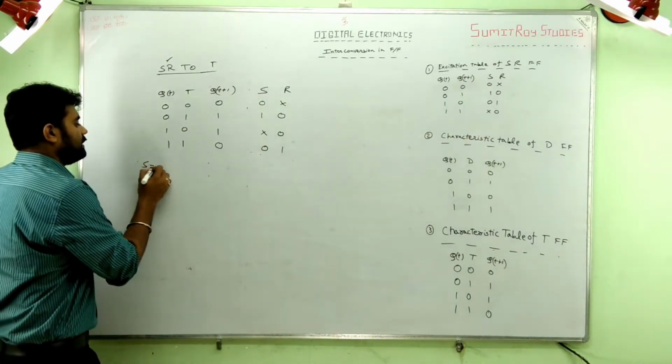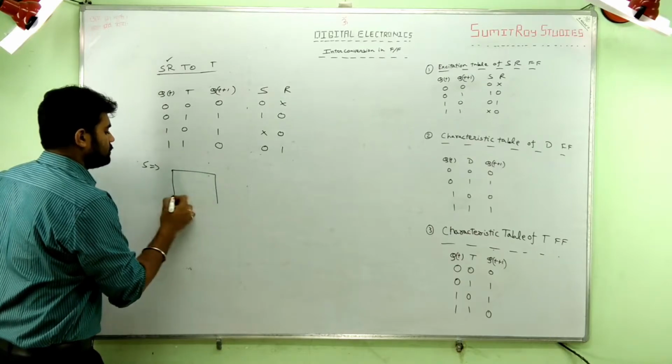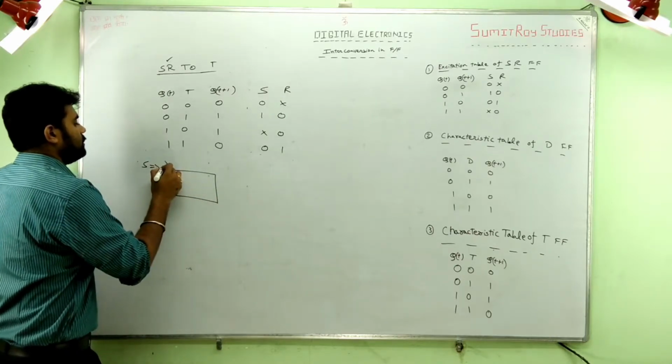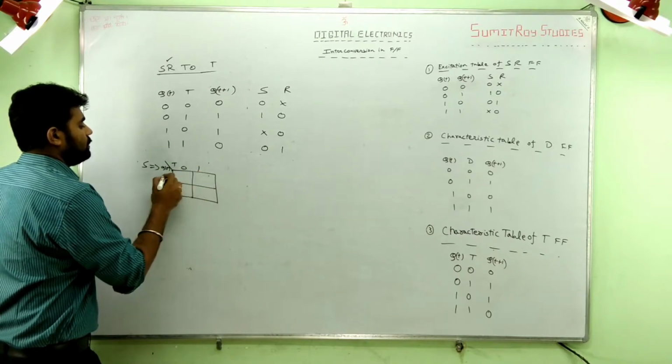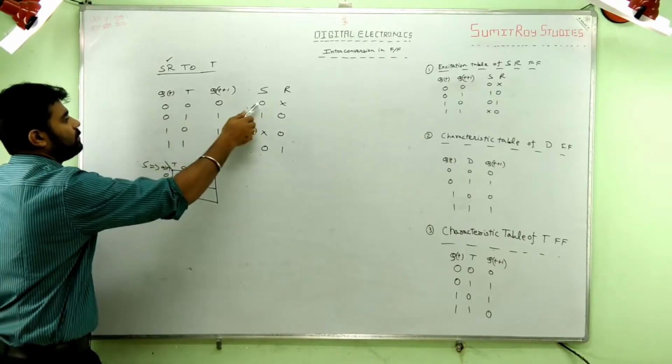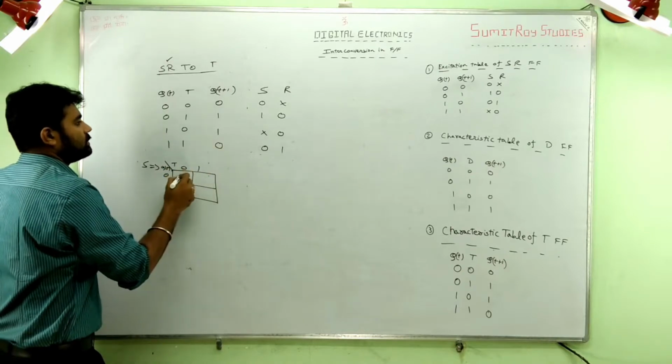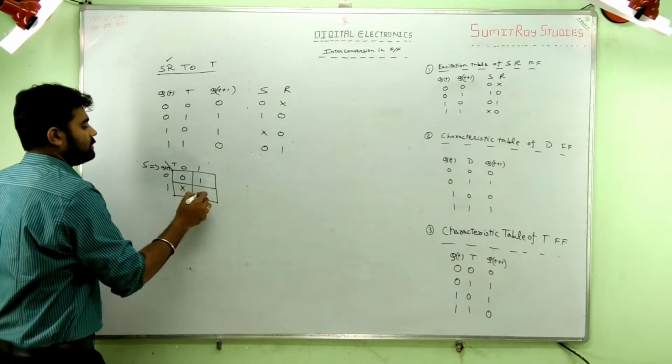Now again the reduction, S has to be reduced. So this is QT and T, 0 and 1, 0 and 1, based on S, that is 0, 1, cross, 0.